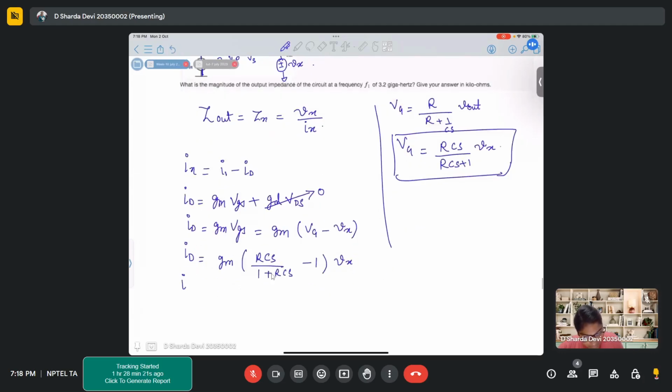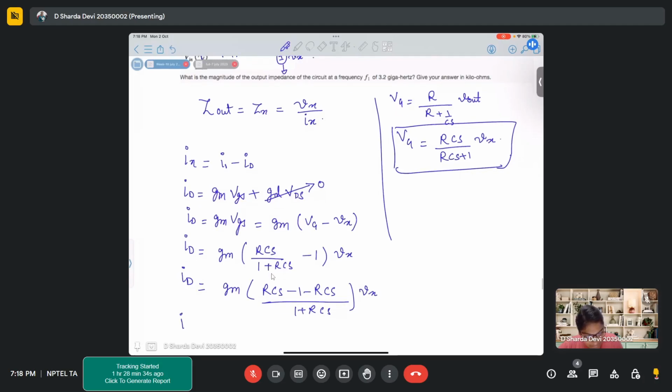So ID is Gm into RCs minus 1 minus RCs upon 1 plus RCs, times Vx. So ID is minus Gm upon 1 plus RCs times Vx. So this is your ID.